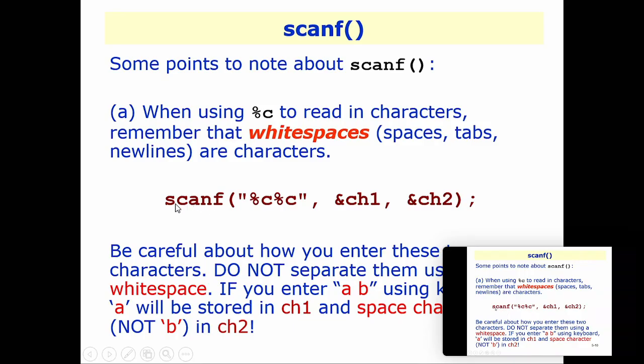So for example, this is a scanf. Okay, look carefully. This is the statement, and you can find there are 2 specifiers, %c, %c, which means you want to obtain 2 characters in a row. And then you have a comma and ch1, comma and ch2.